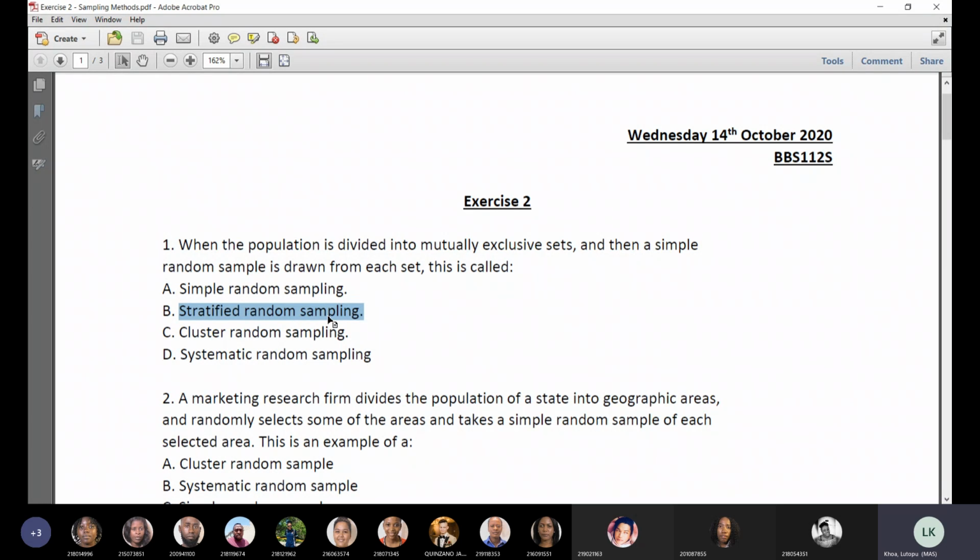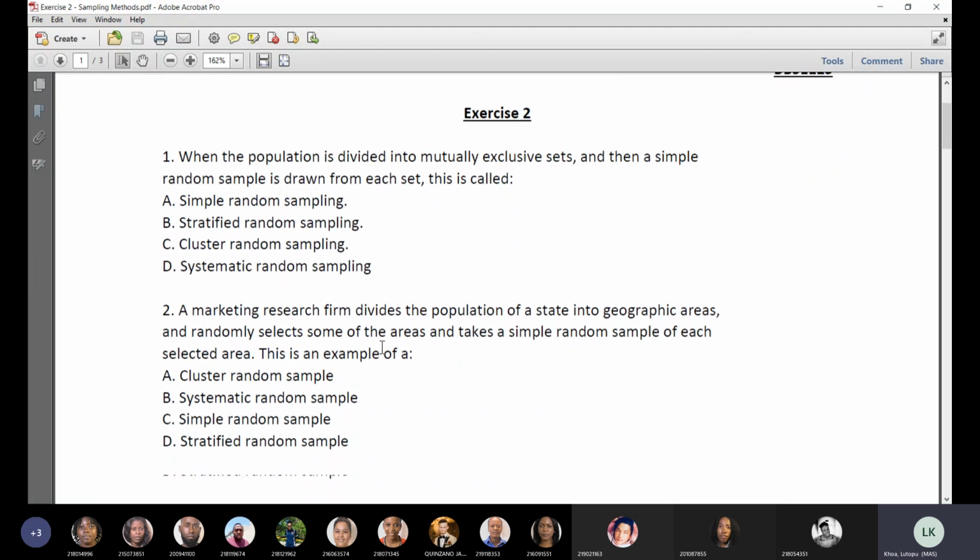Unlike stratified, where we will use each and every single stratum and then just randomly select within the stratum. Unlike cluster, where we randomly select clusters and then randomly select inside the clusters.